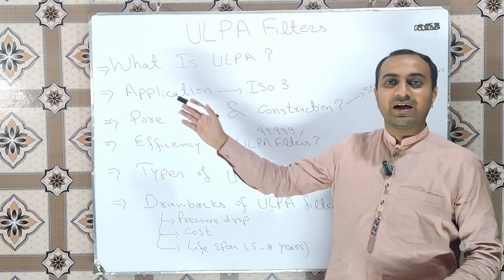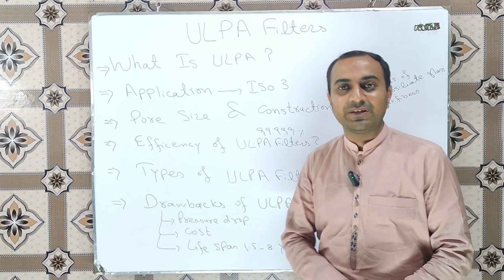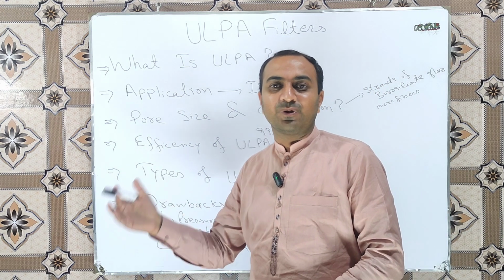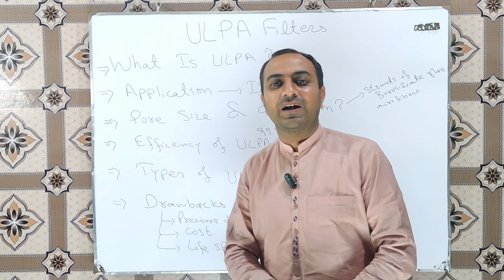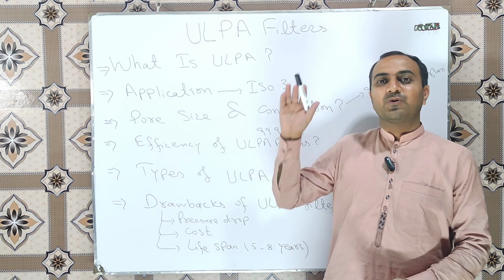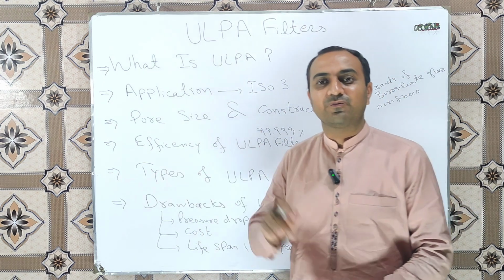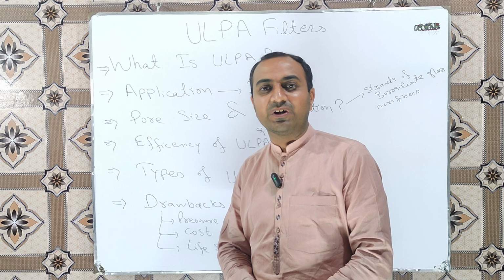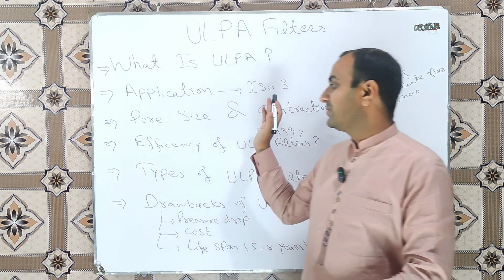So ULPA filters are used in ISO class 3. You are familiar that in pharmaceutical industries our clean rooms start from ISO class 5. So ULPA filters are used for the maintenance of clean room status of ISO class 3.